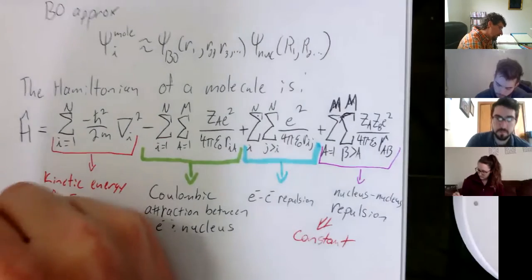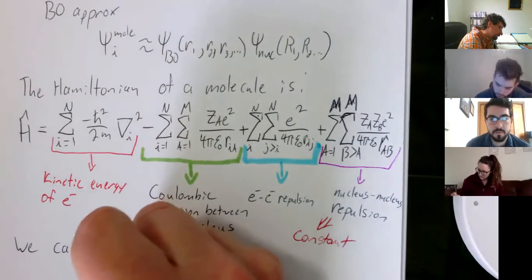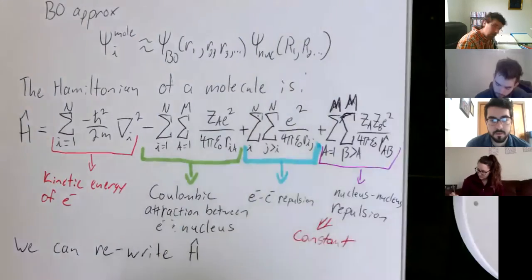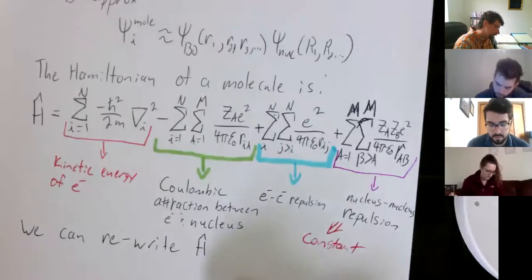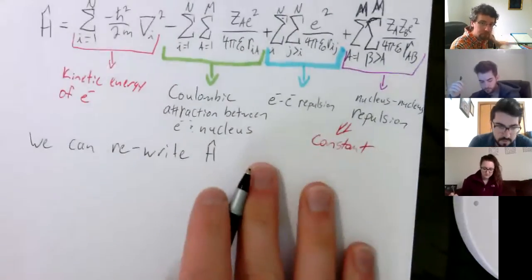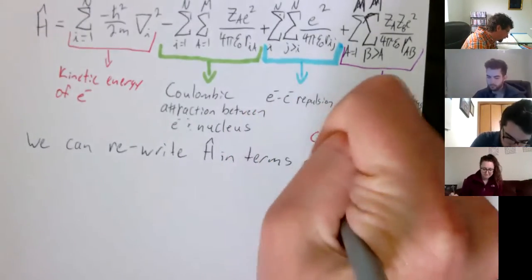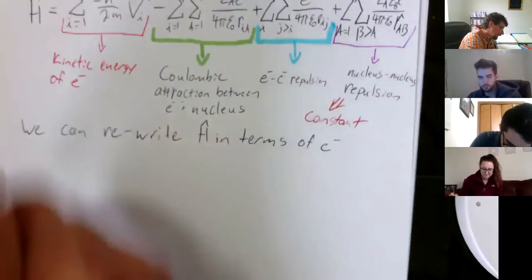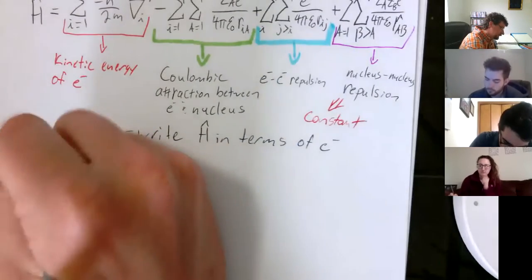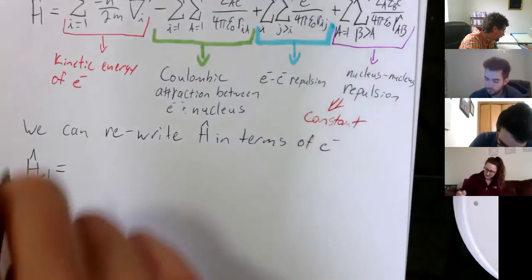So we can rewrite our Hamiltonian in terms of E. So this is sometimes called the electronic Hamiltonian, where all we do is we kind of ditch that last term.